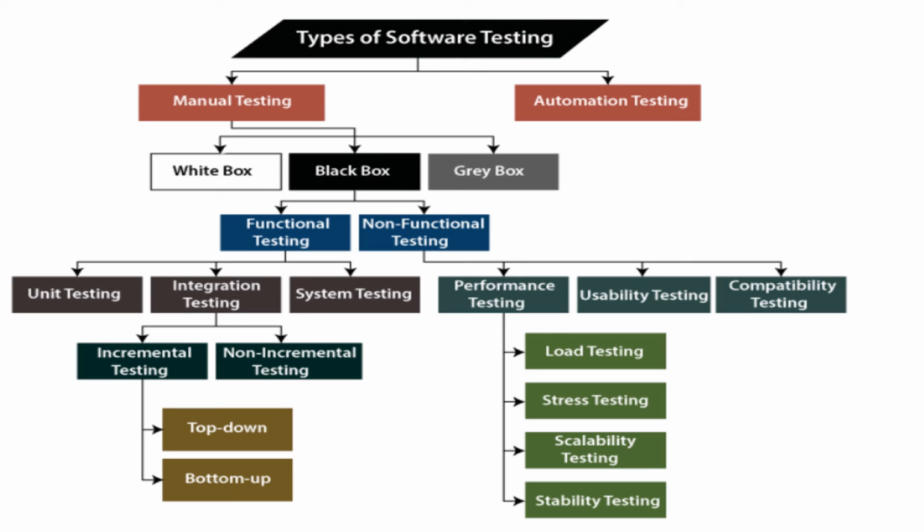And once we come to non-functional testing, two major types of testing are there, that is nothing but performance and security testing. Those two contribute to non-functional testing. In non-functional testing we have load testing, stress testing, scalability, and stability. We also have volume testing in performance testing.